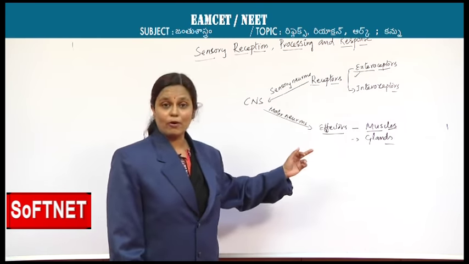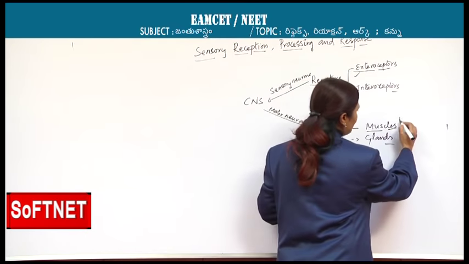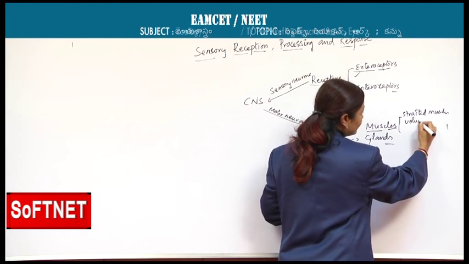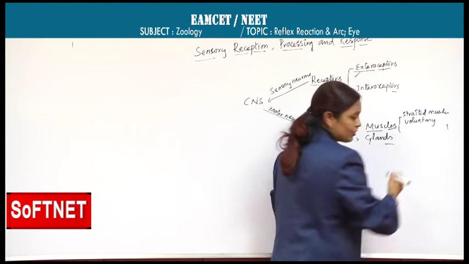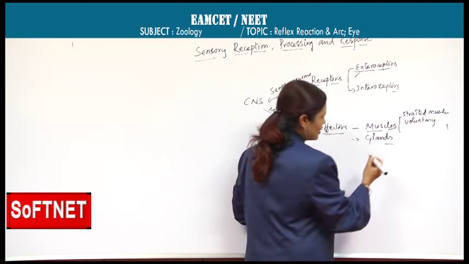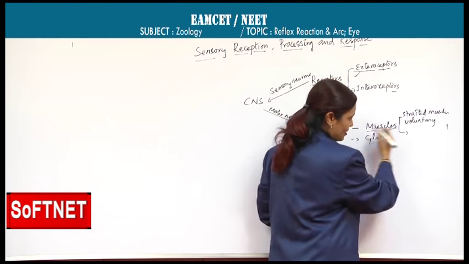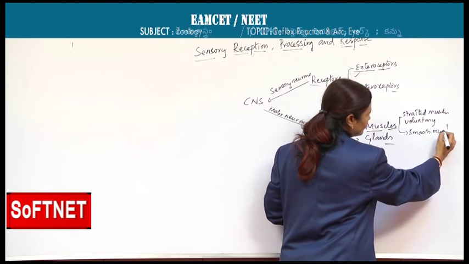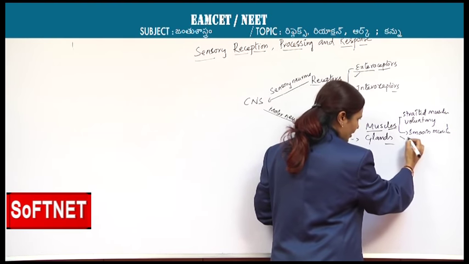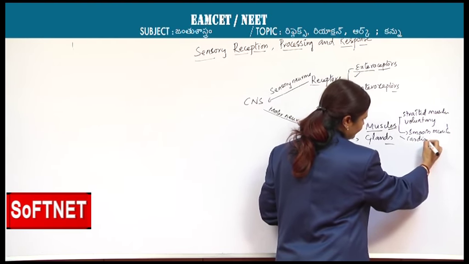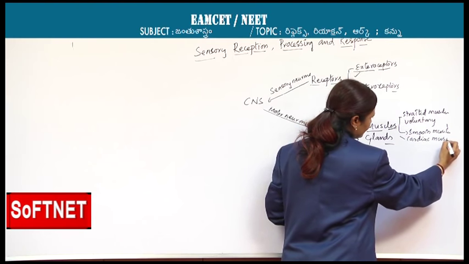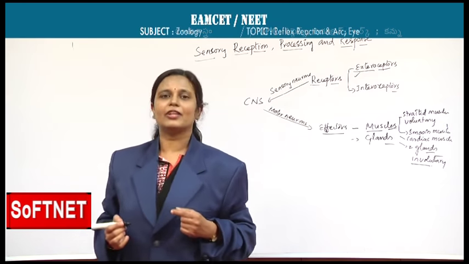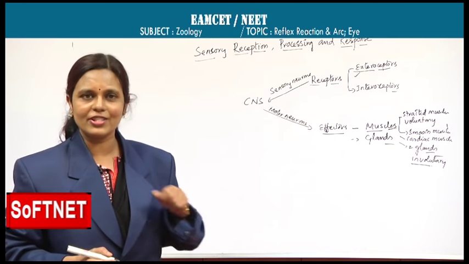That means the response by striated muscles is voluntary, that is under our control, whereas the response by smooth muscles, cardiac muscles and glands is not under your conscious control.